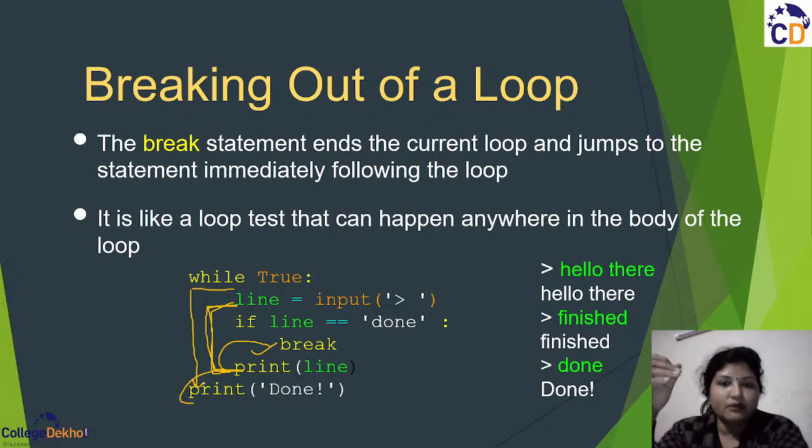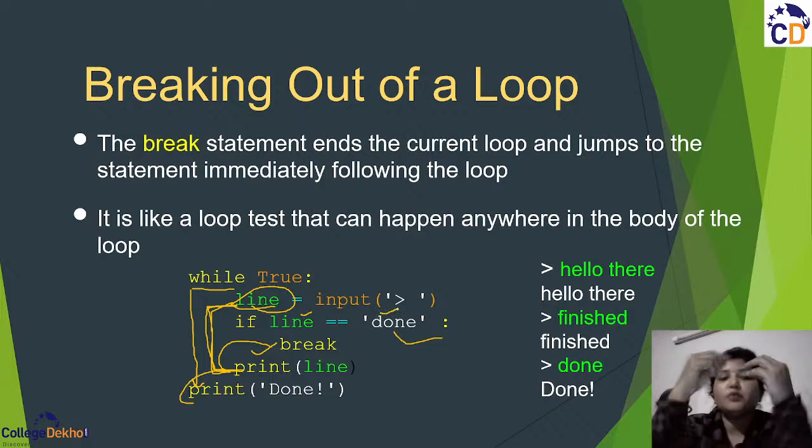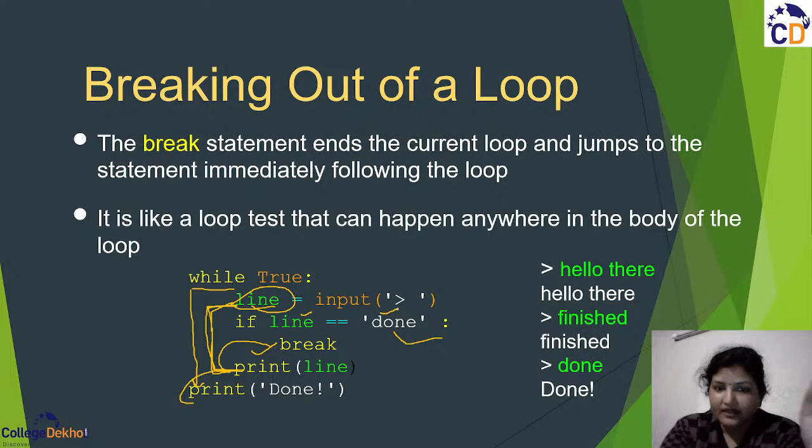Now when you take an input, you will be taking it as input, and if the value in this line variable is equal to the string done, right, then you break out of this. Otherwise it is going to print and execute the next statement in the loop.